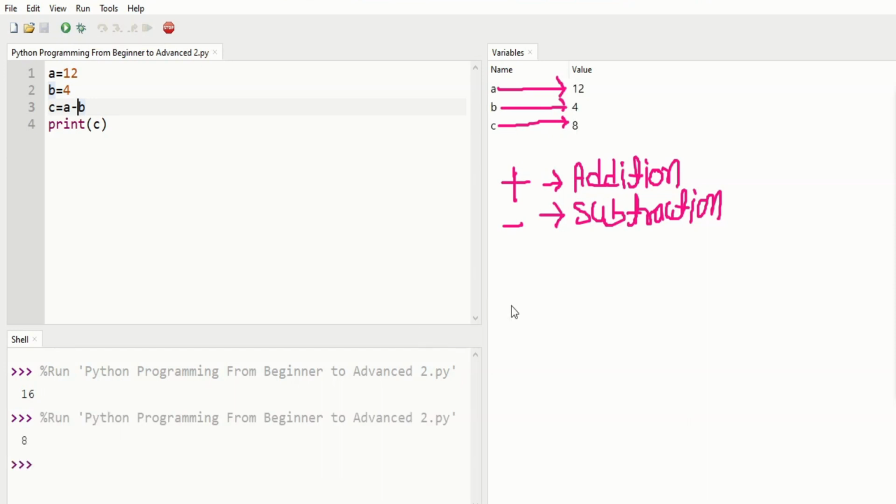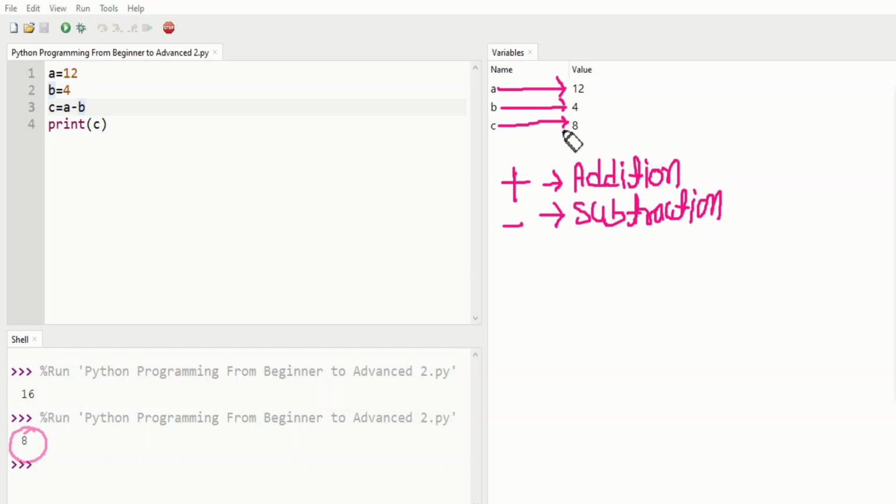Now again see, what is the output? The output is 8. That means b is subtracted from a. And here also there is a change. a is referring to 12, b is referring to 4, and c is referring to 8.